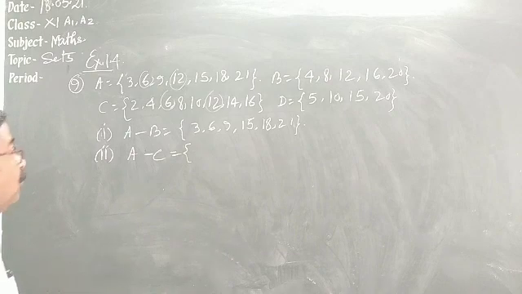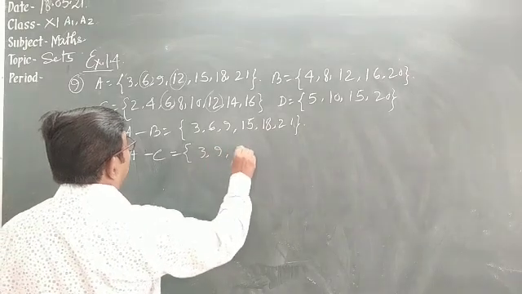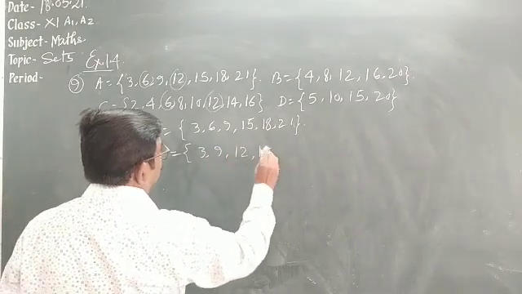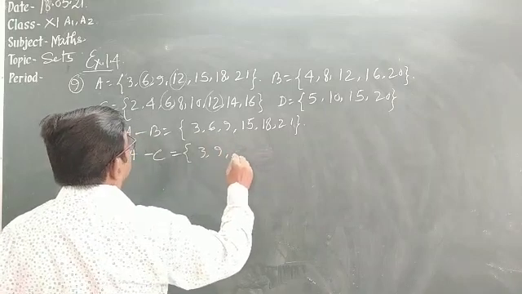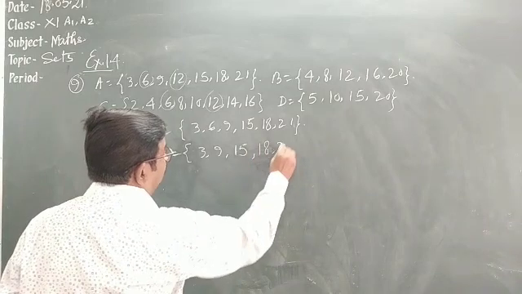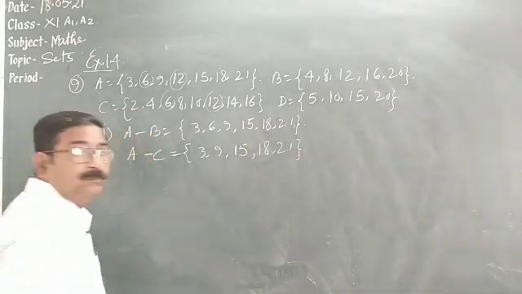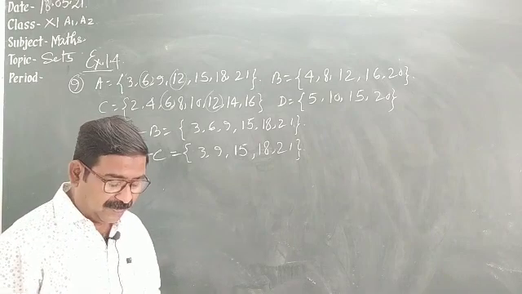Others are not found. So we can write 3, 9, 15, 18 and 21. So this is how we can find the difference of sets.